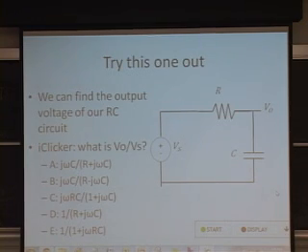It's going to equal, let's call this Z sub C over the sum impedance, Z sub R plus Z sub C. So I just plug in my values: 1 over j omega C, over R plus 1 over j omega C.